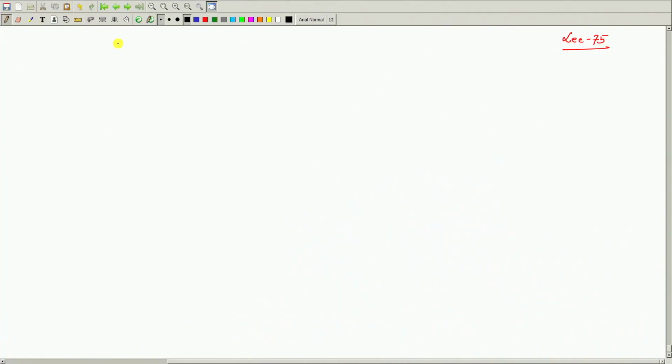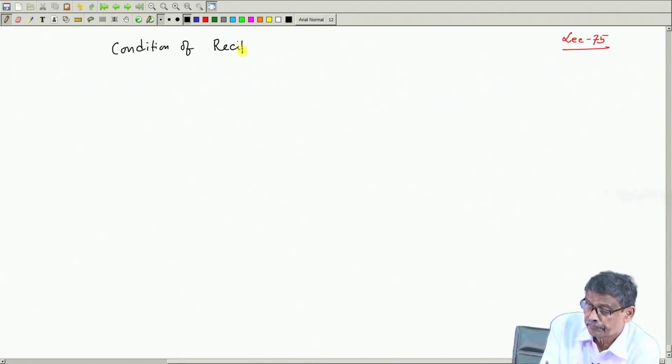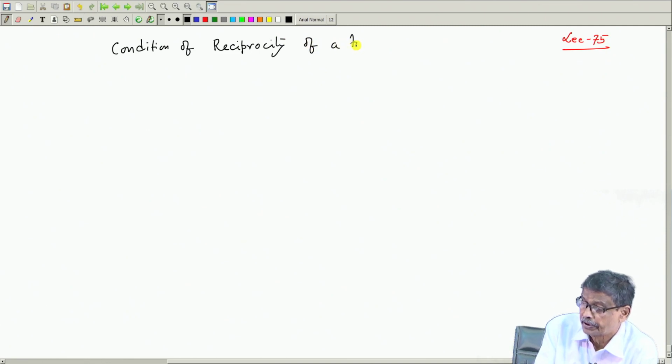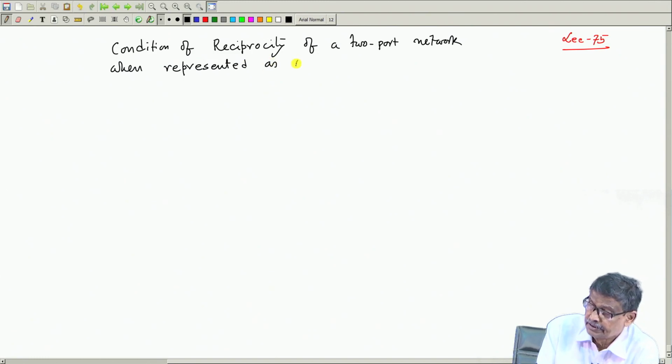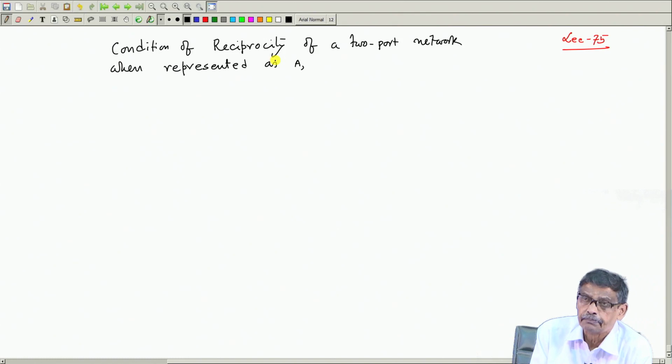Now, today I will discuss the condition for reciprocity of a two port network when it is represented as ABCD parameters, or transmission line parameters.